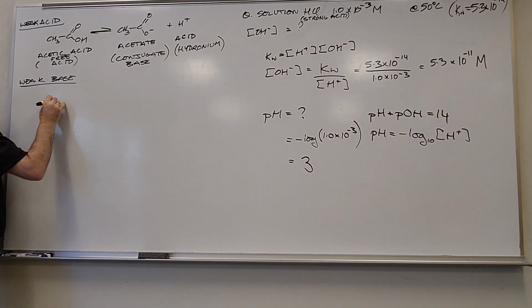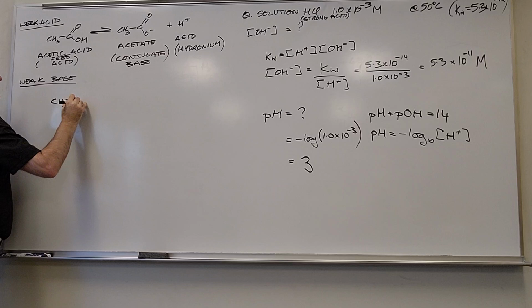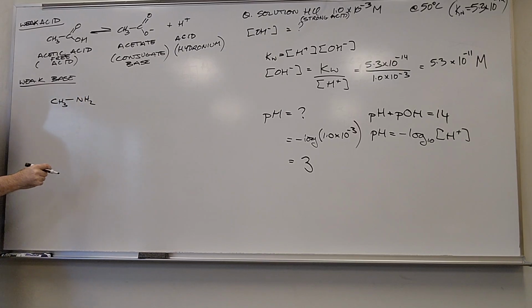We don't do too many weak bases in general chemistry. In organic, we have a bunch of them. To be a base, you need something, hydroxide, you need a lone pair of electrons. There are 3 definitions of being an acid: something that increases the H plus concentration, a proton donor, or an electron pair acceptor.